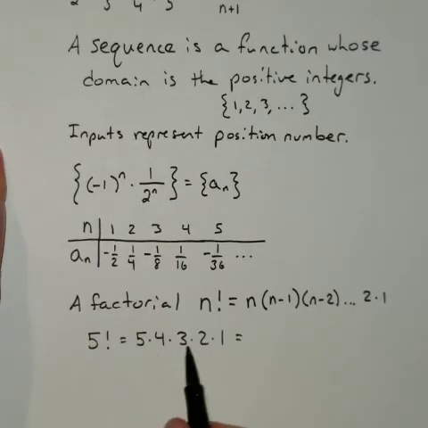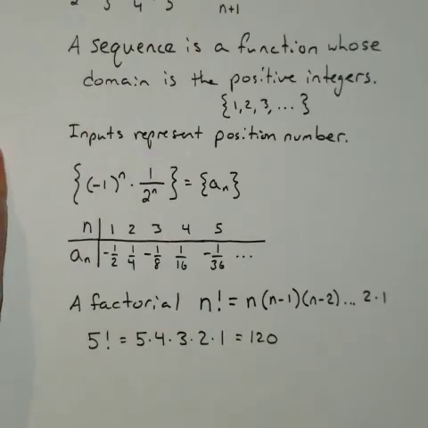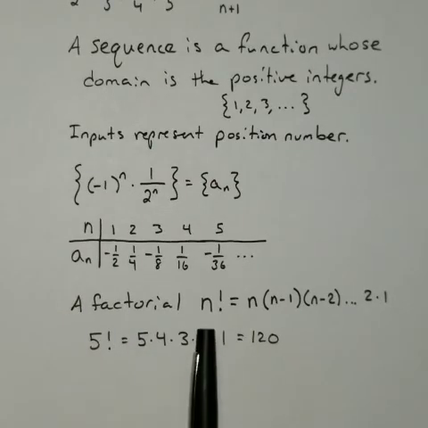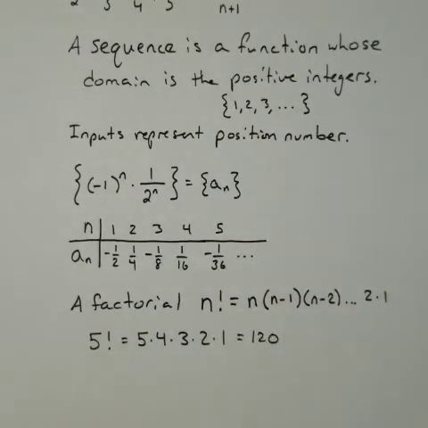This one here, 5 times 2 is 10, 4 times 3 is 12, 10 times 12 is 120. So that one's already up to 120. As soon as you get like 10 factorial or 20 factorial, you get very large numbers very quickly. But you will see factorials in your sequences, so you'll need to know how to evaluate those.